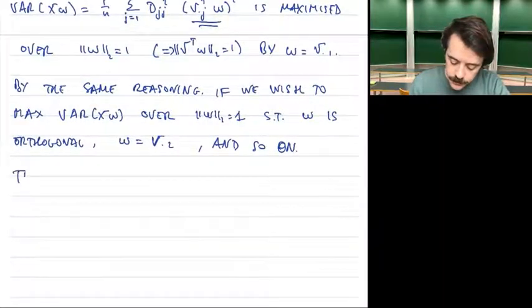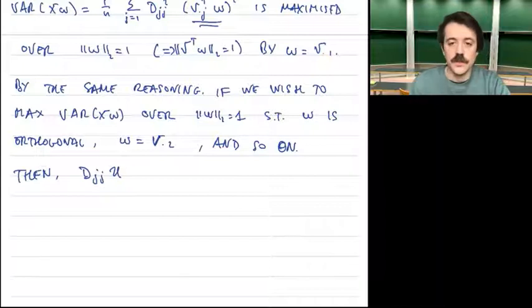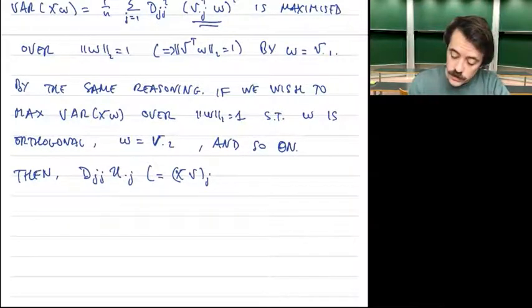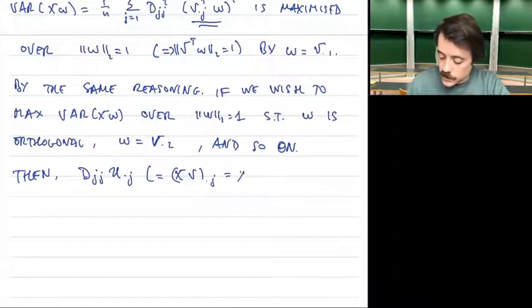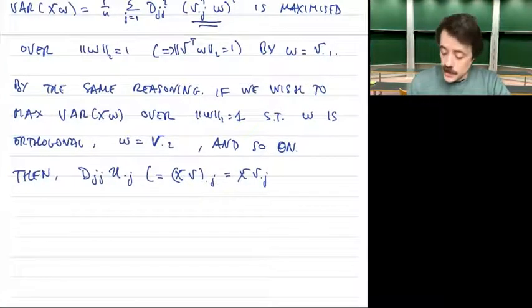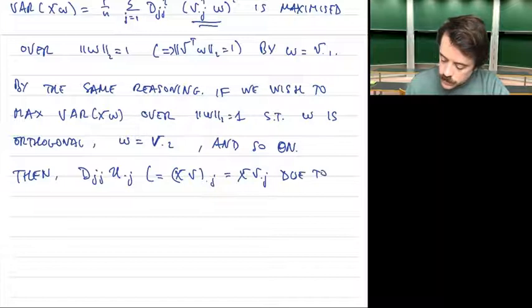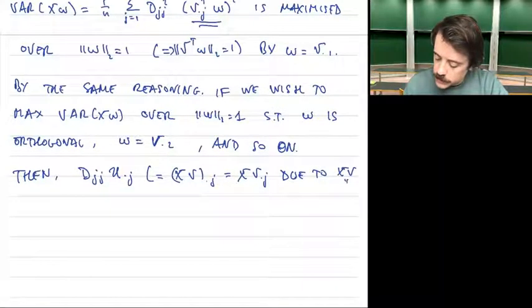Okay, so just for terminology, d_jj times U, not V now but U, the jth column, which is precisely the jth column of the matrix xV, which is just x times the jth column of V. This is due to xV being equal to DU.